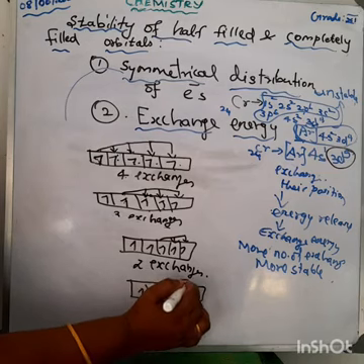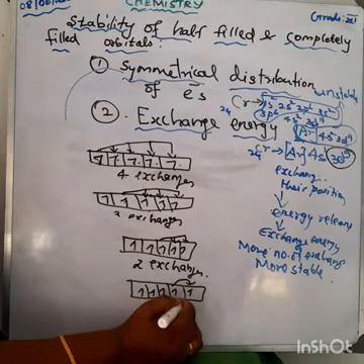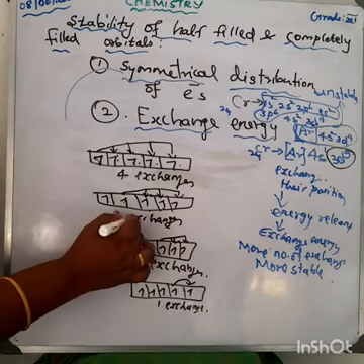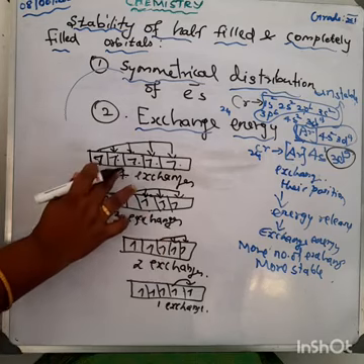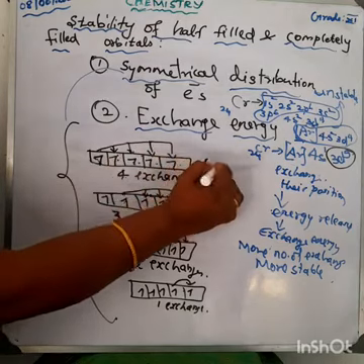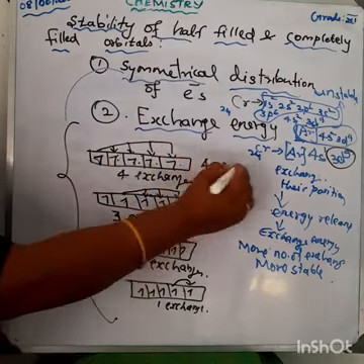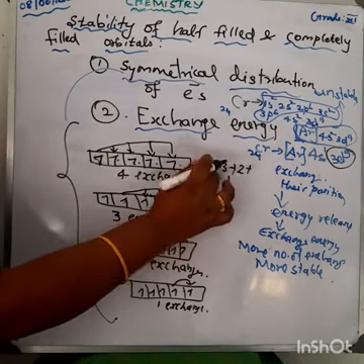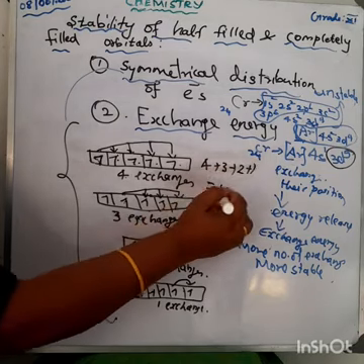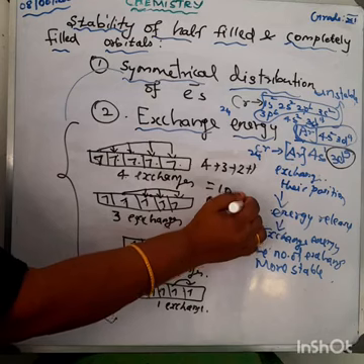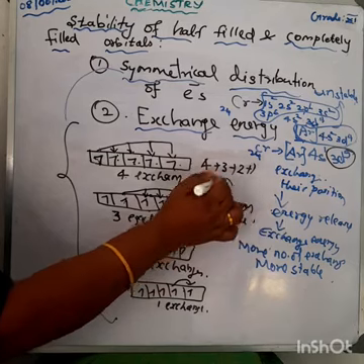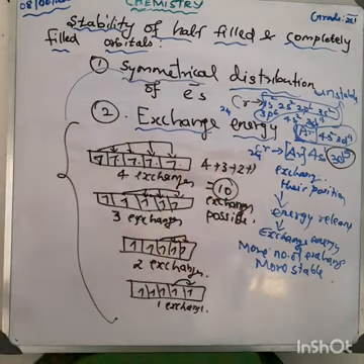Here, 1 exchange. So overall, for this half-filled configuration, 4 exchanges plus 3 plus 2 plus 1. 4 plus 3 is 7, 7 plus 2 is 9, plus 1 is 10 exchanges possible for the half-filled orbital of the chromium atom. So it can release more energy.